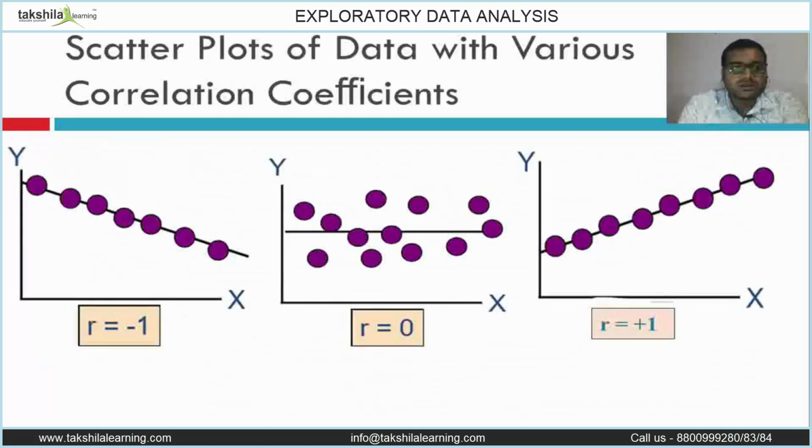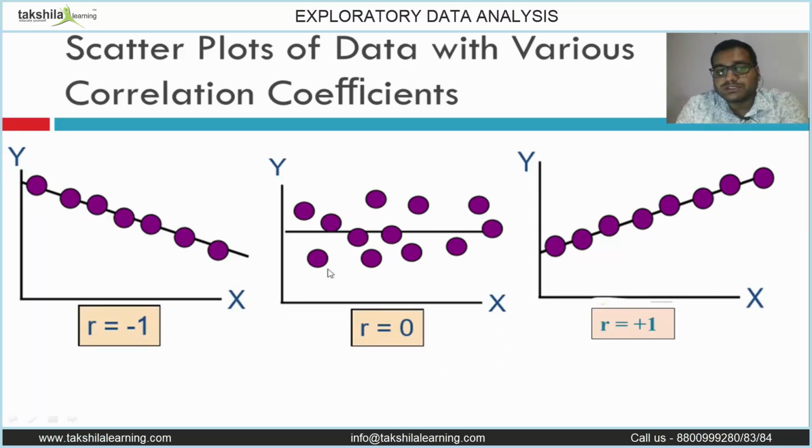Now, here is a scatter plot of data with various correlation coefficients. There are different kinds of correlation; I have taken three: positive, negative and 0. If I have r equal to -1, as you can see on the left side, the slope of the line is in the negative direction, but the linear relationship is strong because all the values lie on the line.